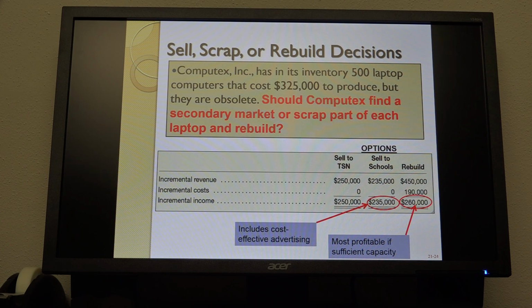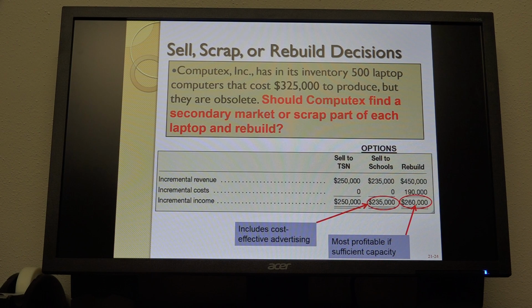And so the incremental income from the rebuild is $260,000. So assuming that they have sufficient capacity to rebuild without interfering with their normal production, at least among these three decisions, they should rebuild and turn around and sell because it creates the most incremental income.